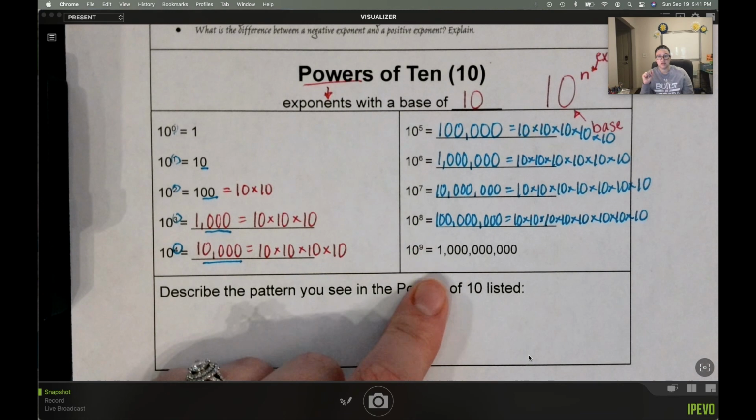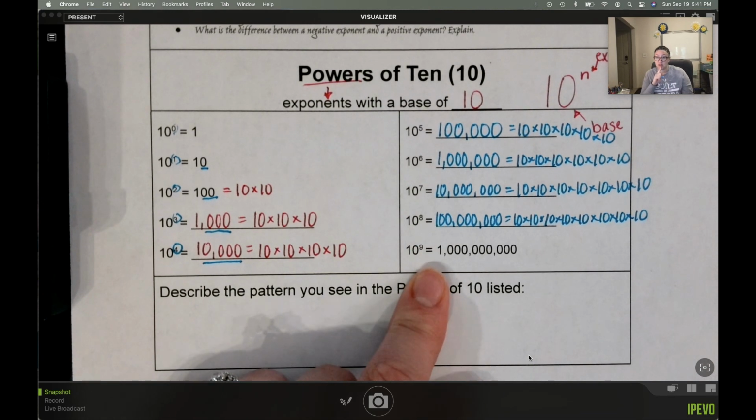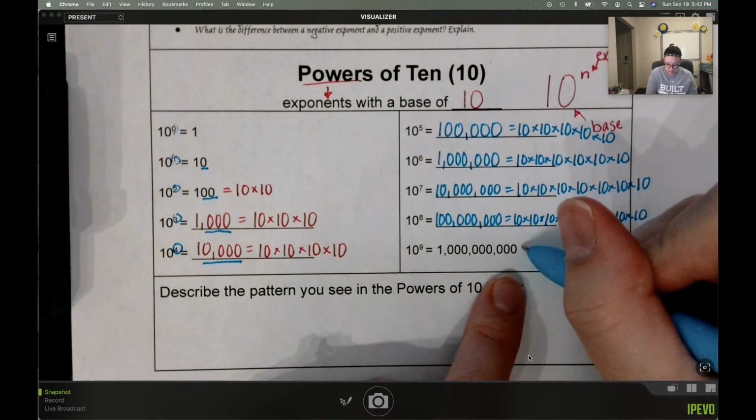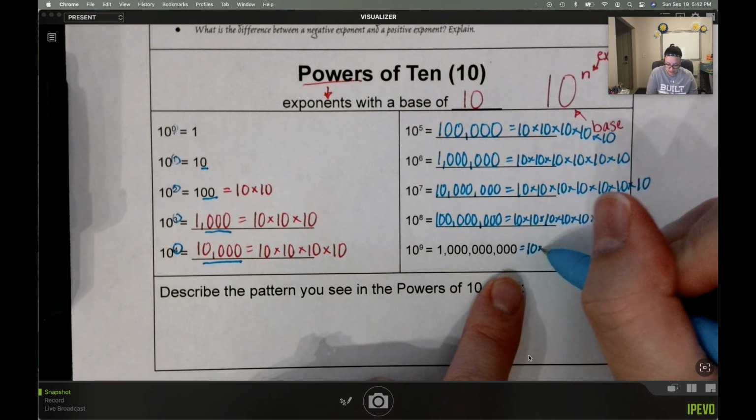It's a lot of zeros. And the last one, we have 1 billion. Very, very big number. It's multiplying times 10 9 times.